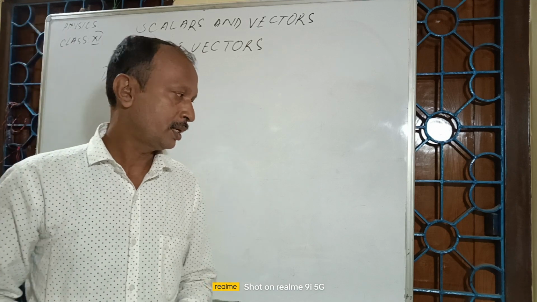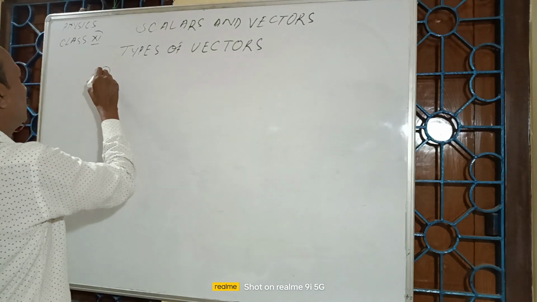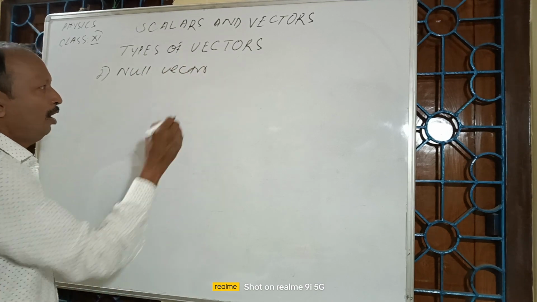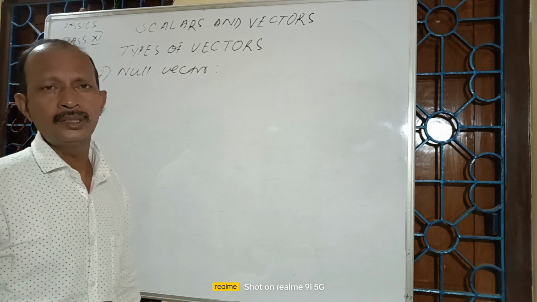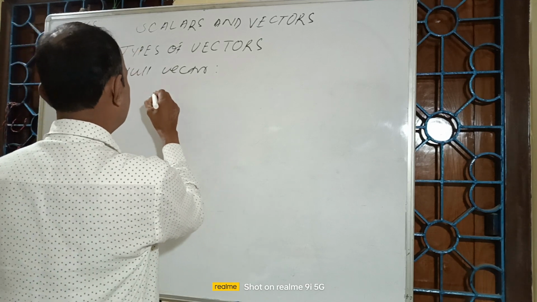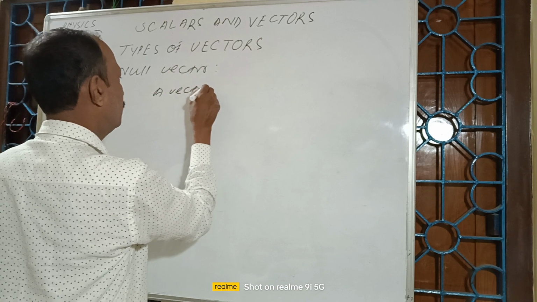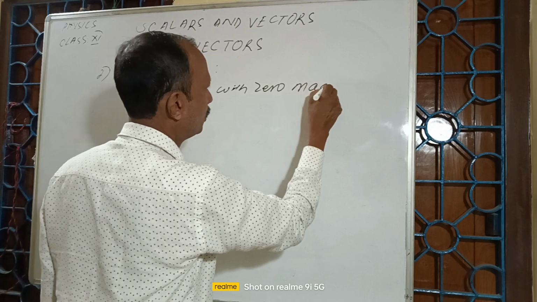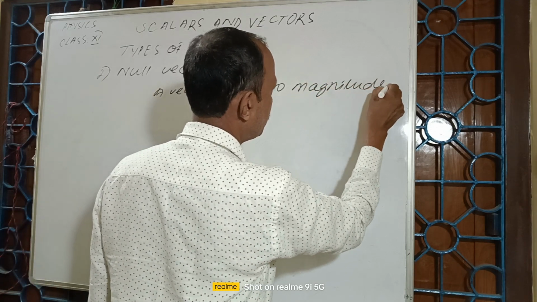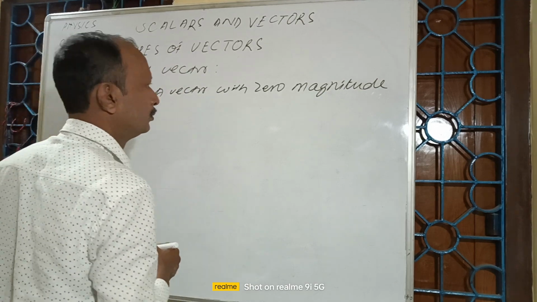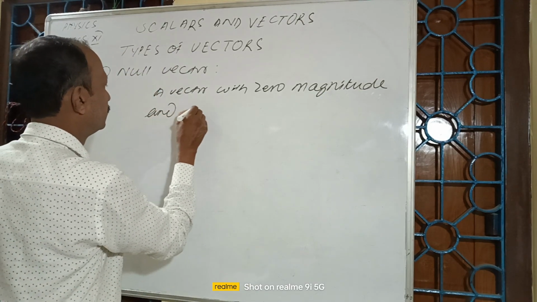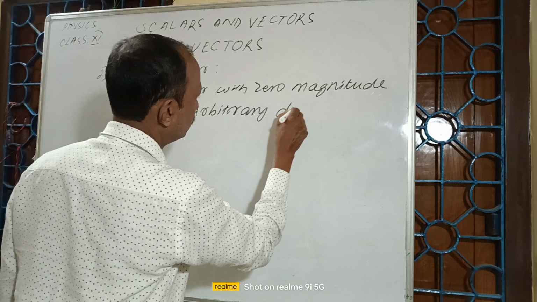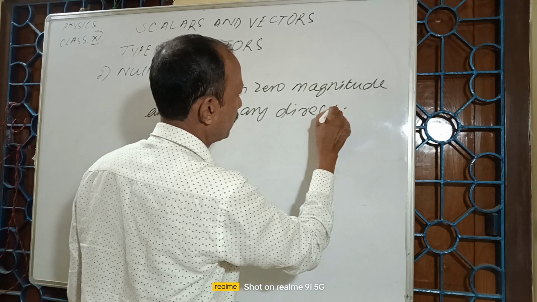See here. So the second one is the null vector. Null vector means a vector with zero magnitude and arbitrary direction.